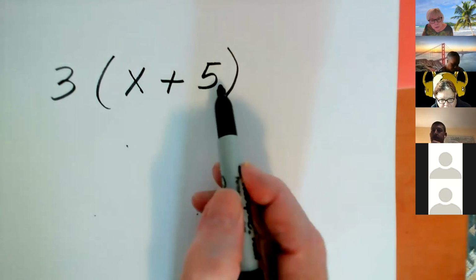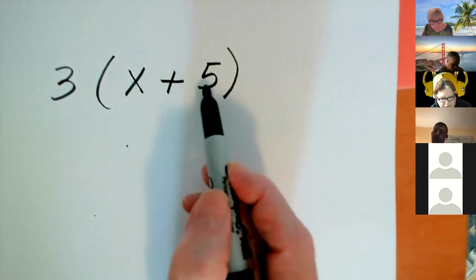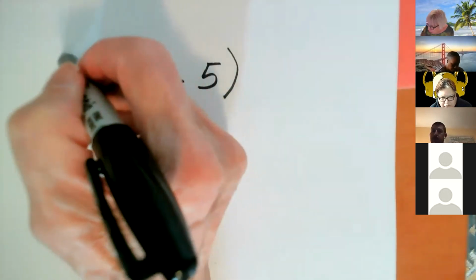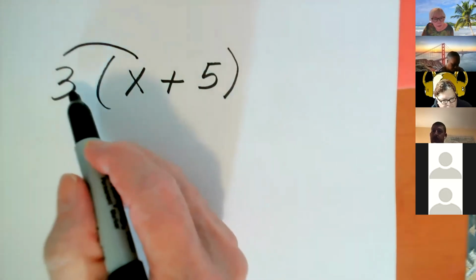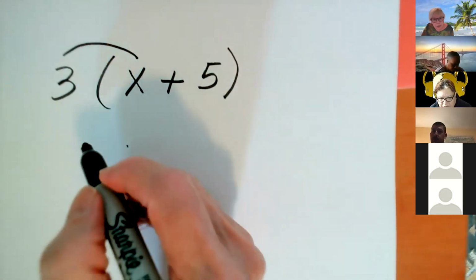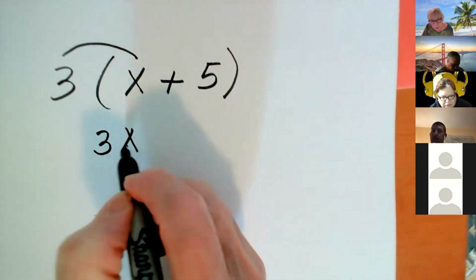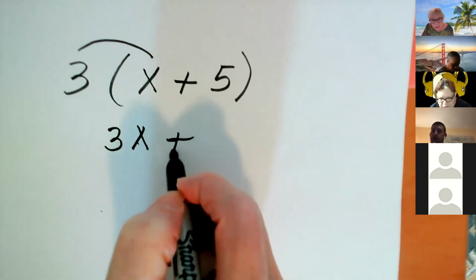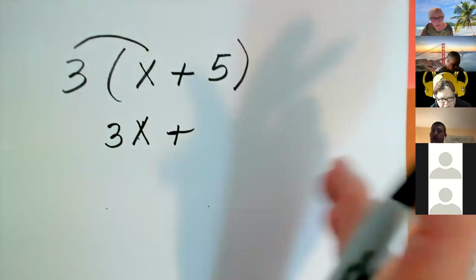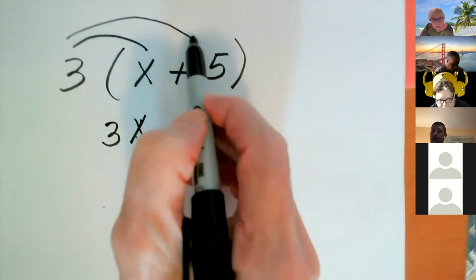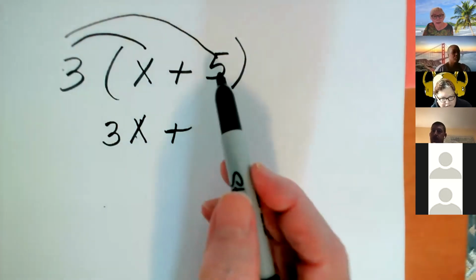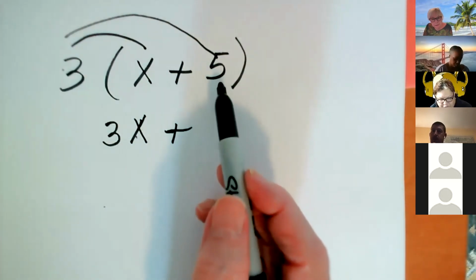So I'm restricted from adding them. So what I do is this. This is 3 times x. How could I write that? 3x. Then I put my plus symbol in. Plus 3 times 5. 15.